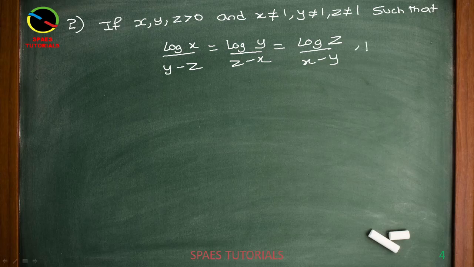If at all this happens, then we need to prove that x power x into y power y into z power z is equal to 1. This is what we need to prove.